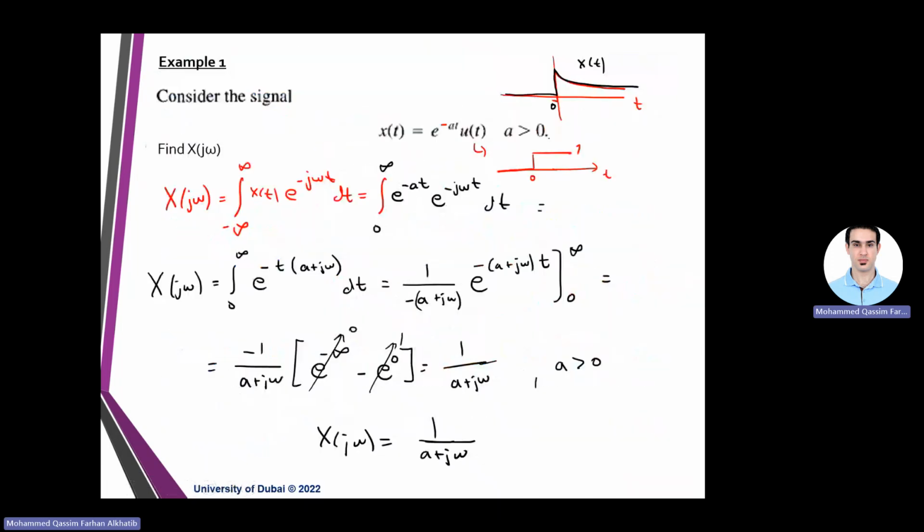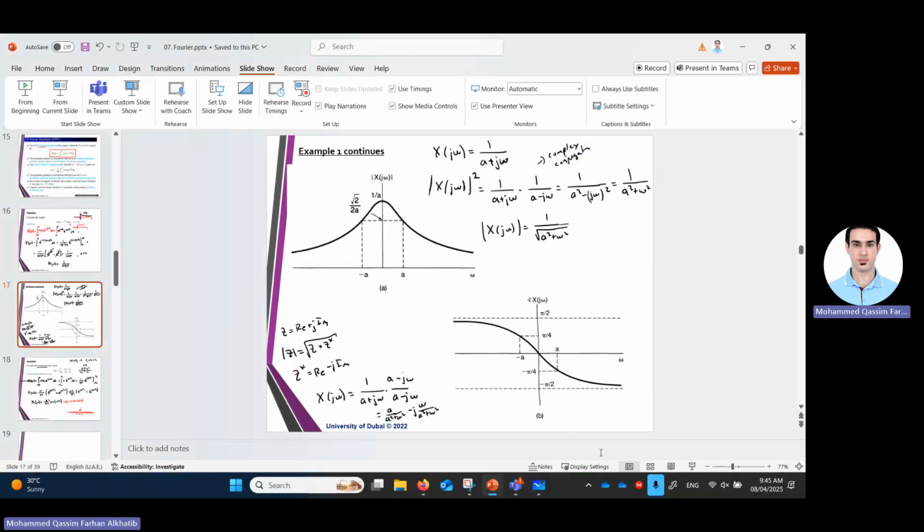So let's see this as an example. Consider the signal x of t equals e to the power negative a t times u of t, and find the Fourier transform. So let's do it simply on the whiteboard.